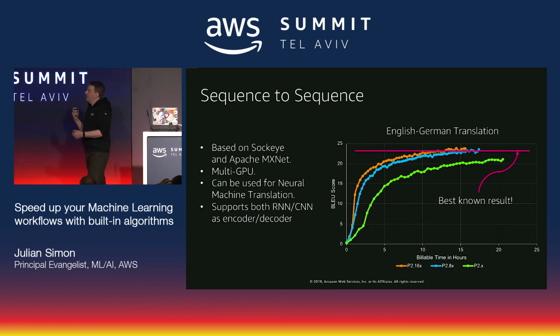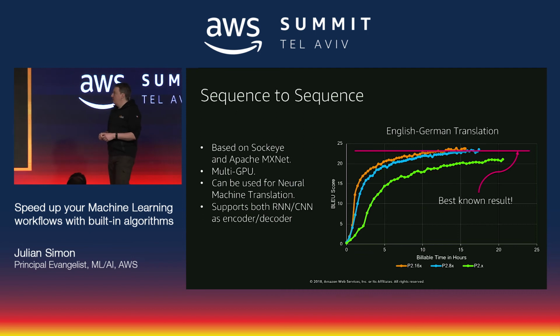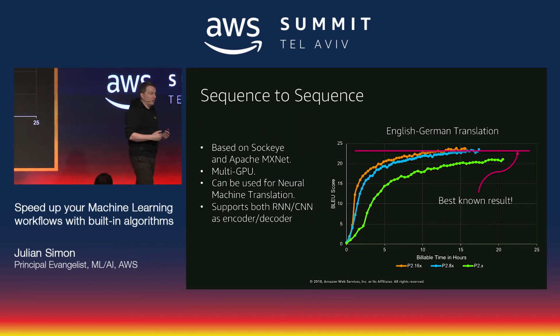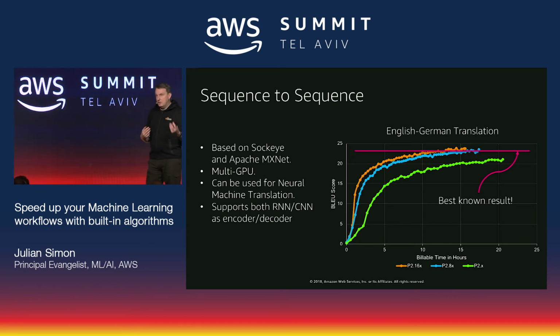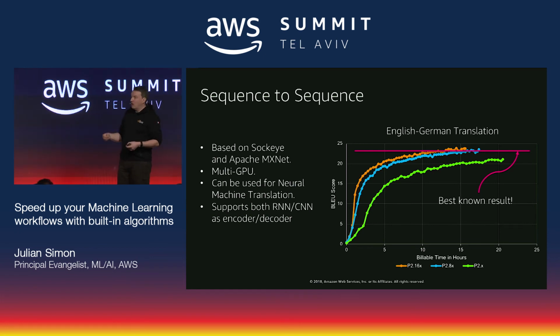Another one is called sequence to sequence. It's a natural language processing algo, and we use it for neural machine translation. Last year we published an open source project called Sockeye, and Sockeye lets you train translation models.